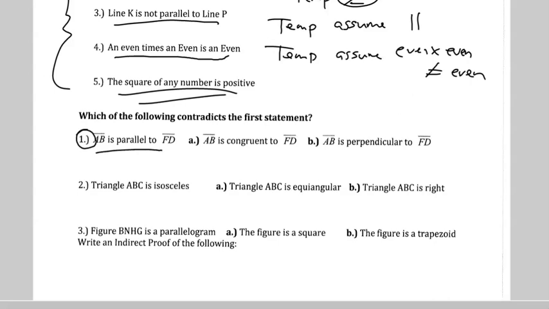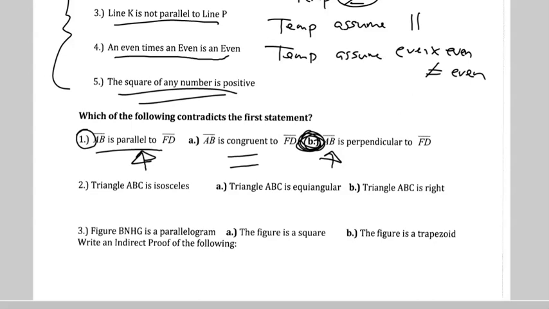What contradicts the fact that AB is parallel to FD? Is it impossible for them to be parallel and congruent? No. Look at these. Those are parallel and congruent. So that does not contradict it. But you can see here it is impossible for them to be parallel and for them to be perpendicular. So that would be a contradiction.